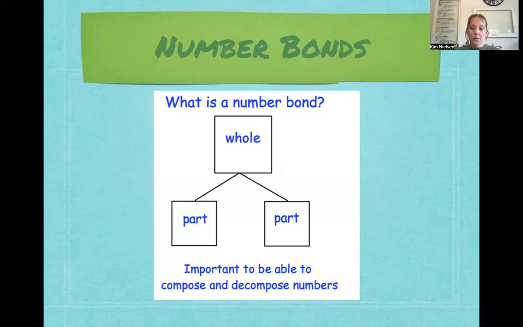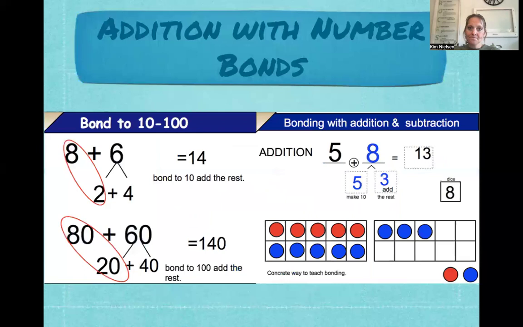Now, a whole number 10 can have many different kinds of parts, right? And so I can do a 1 and a 9, I can do a 0 and a 10 as its parts, a 5 and a 5. And so we'll work through, even starting in kindergarten, and especially in first grade, on building those number bonds. And that's going to help us with some of those computation strategies later on.